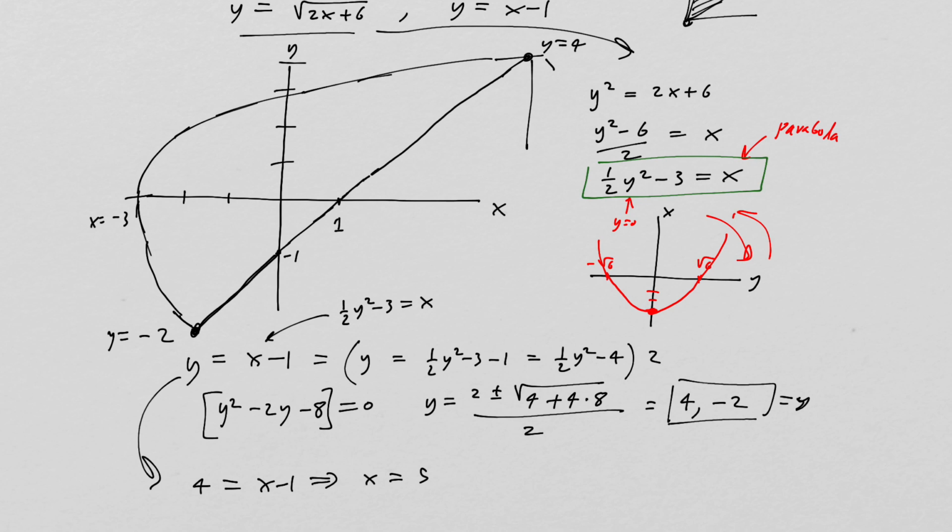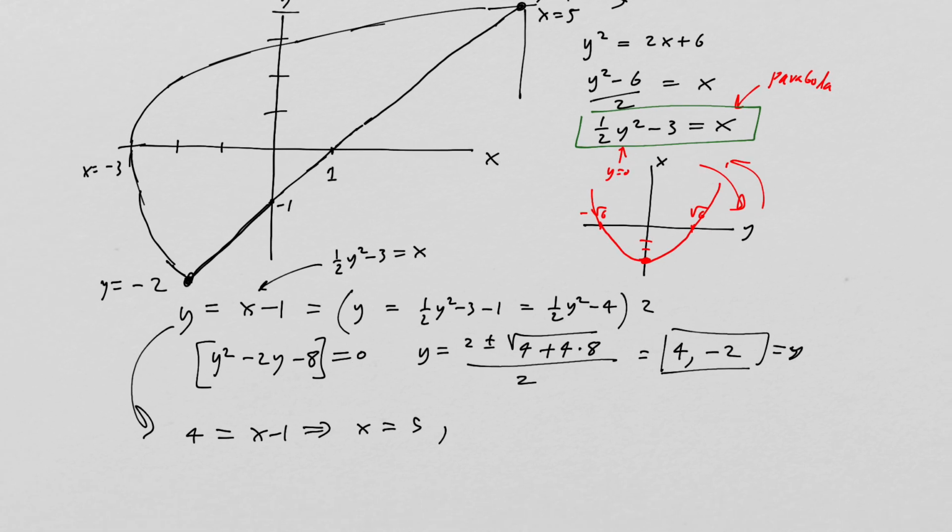So that's going to be here, x is equal to 5 up here. Likewise, if I take negative 2 is equal to x minus 1, we get x being equal to negative 1. So I didn't quite draw the curve right, maybe I need to draw it more like about right there. Yeah, that looks better.